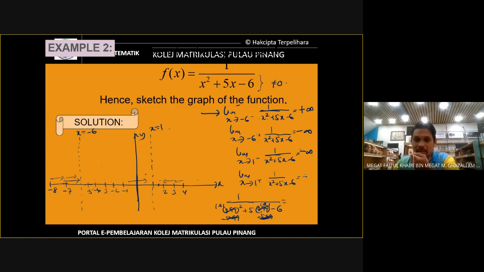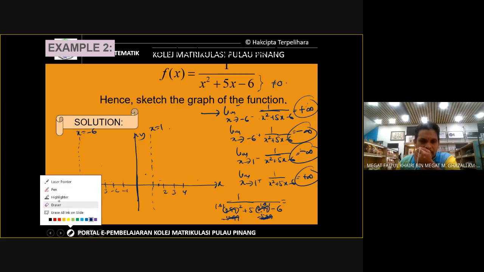So class, from this result, can we determine or imagine how the graph looks like? Okay, let's sketch it together. So x approaching to negative 6 from left is positive infinity, meaning that it is something like this.